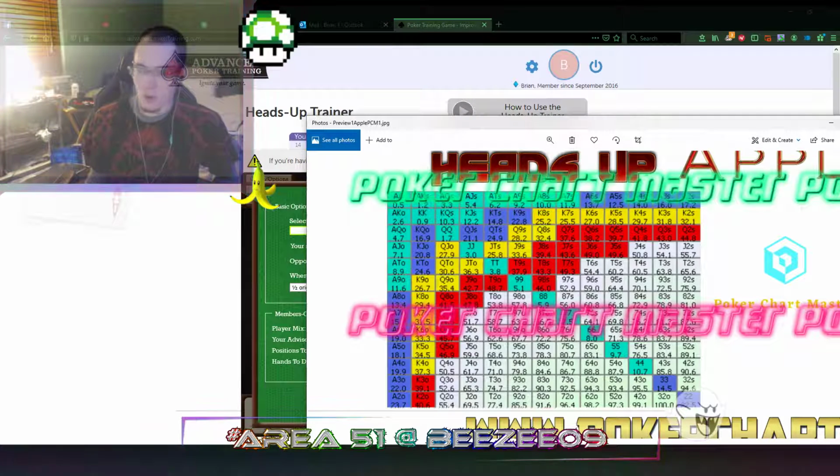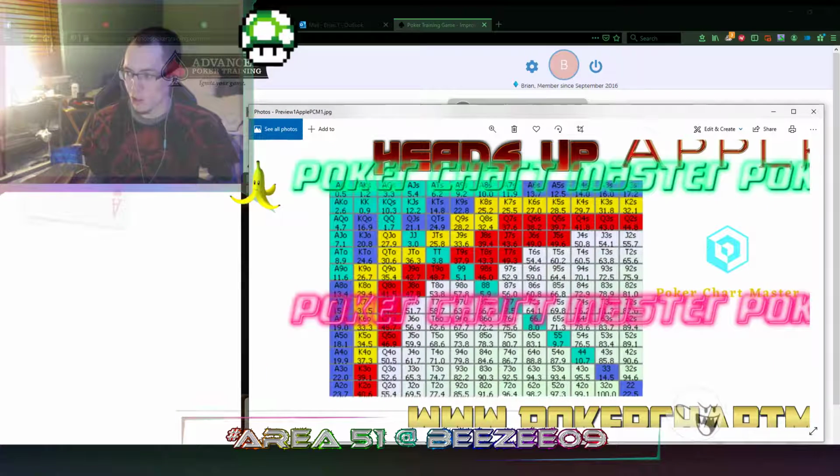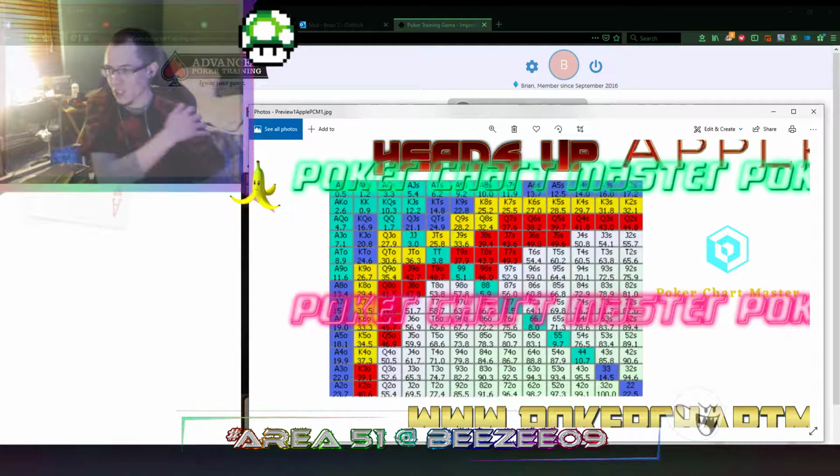Of course our most profitable and strongest range of tiers is going to be Tier 1. Obviously, because we can see that Ace Ace, King King, Queen Queen, Jack Jack, 10 10, 9 9, 8 8, 7 7, 6 6, 5 5, 4 4 are all tied into Tier 1.